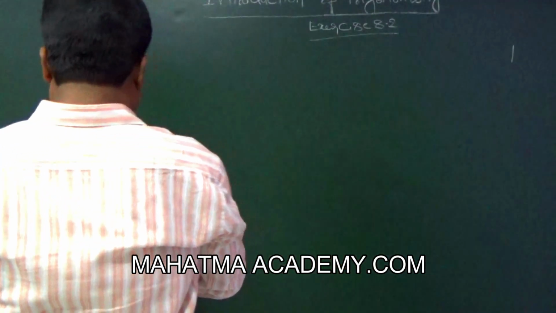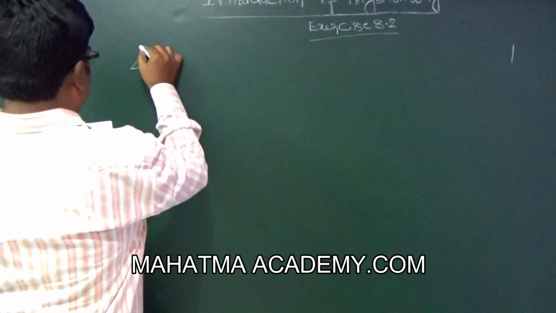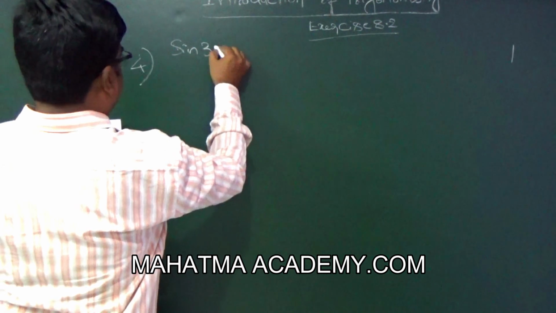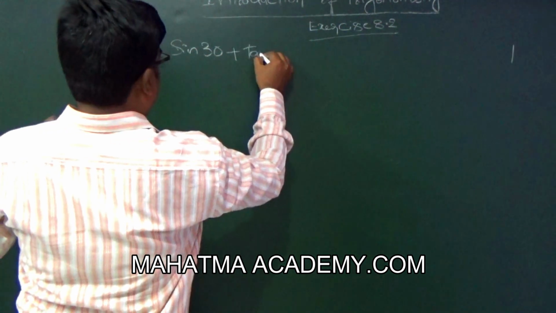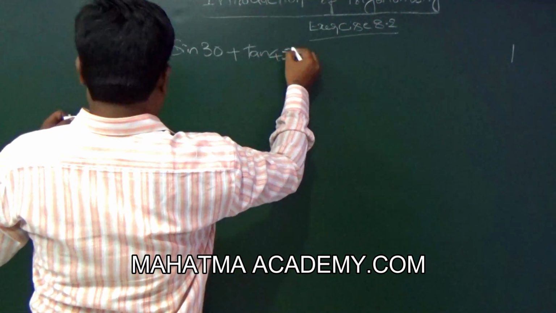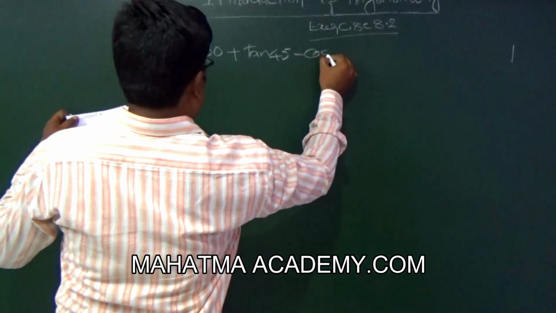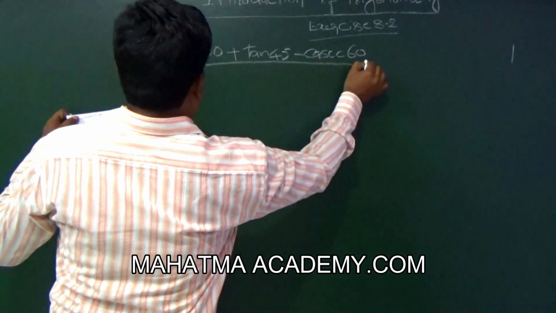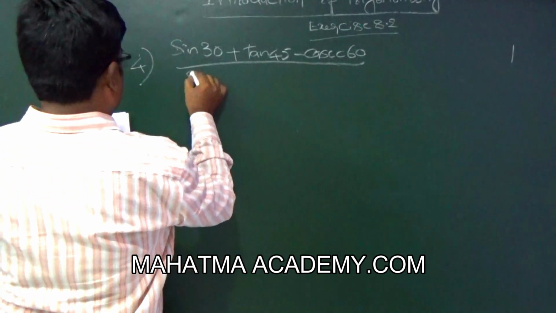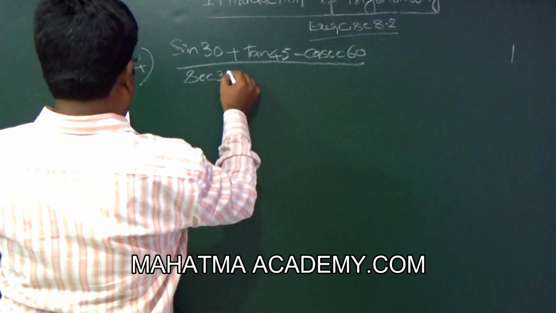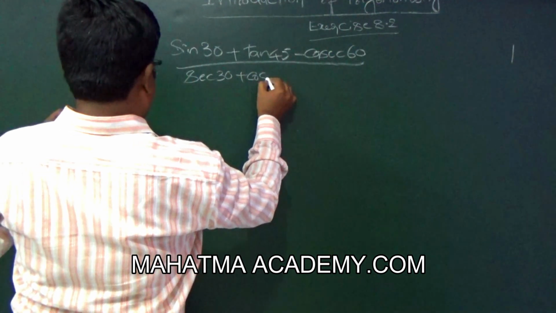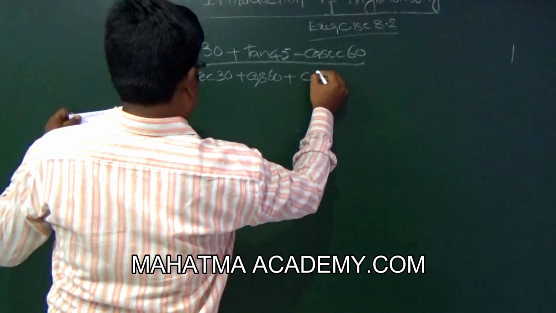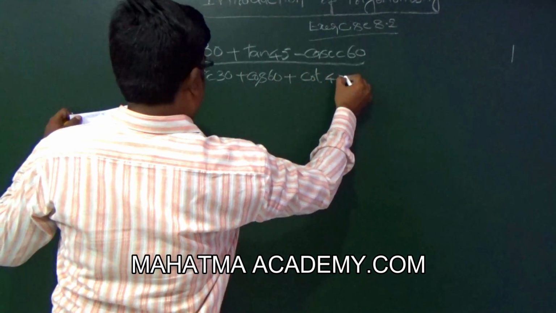Next, fourth problem. Sin 30 plus tan 45 minus cosec 60 upon secant 30 plus cos 60 plus cot 45.